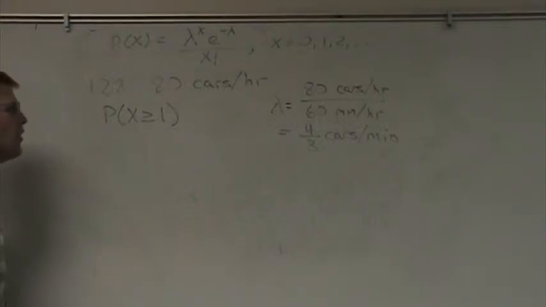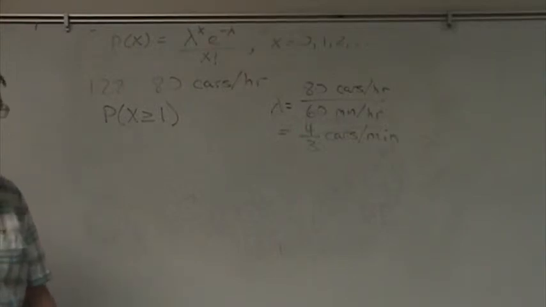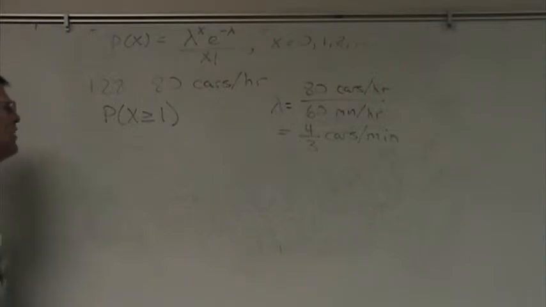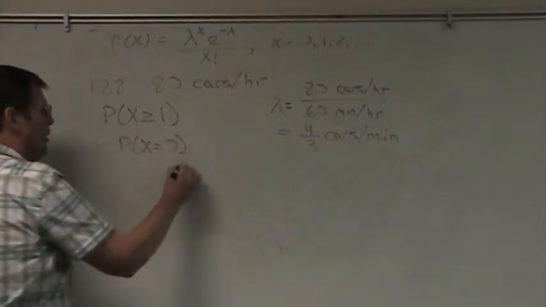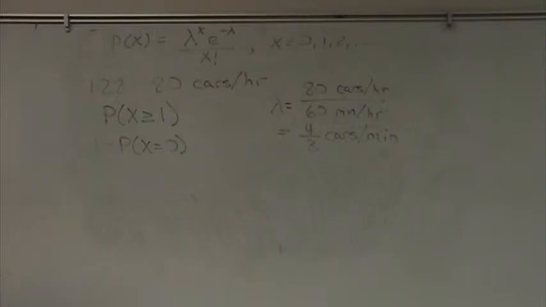Now, as far as this is concerned, we can go ahead and use the calculator. We can use the CDF function, but there are a couple of things to note here. First off, we're looking for the probability that x is greater than or equal to 1. That's the same thing as 1 minus the probability that x equals 0, since that's the only other possibility.